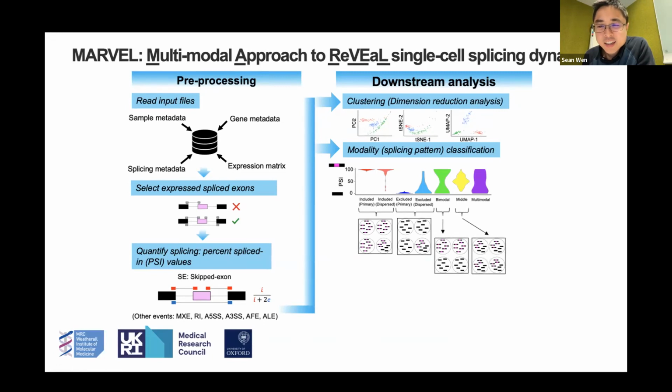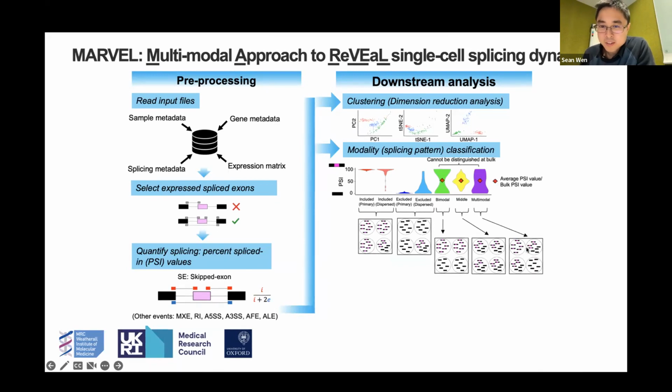Middle means that in every cell, half of the isoforms include the pink exon, whereas half of the isoforms exclude the pink exon. And finally, like everything that we do, we need an other category. So multimodal is that other category whereby the splicing patterns are all over the place.